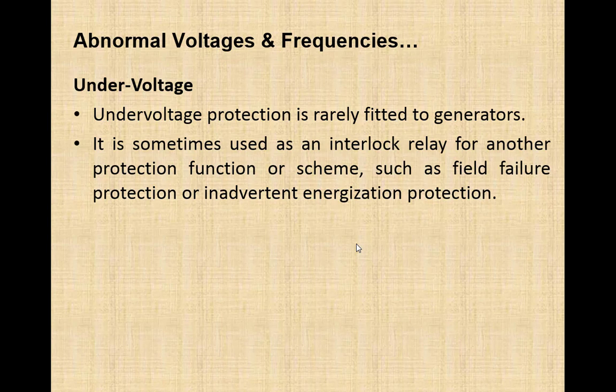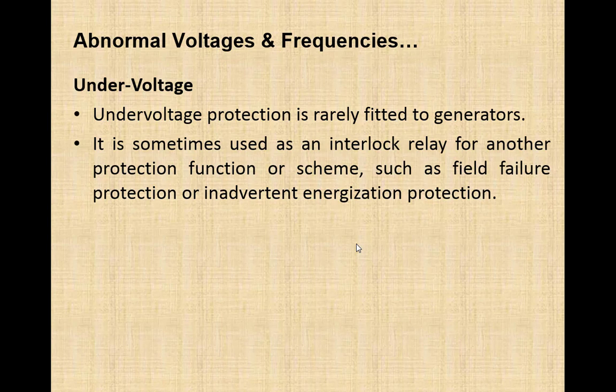For example, if we want to sync a generator with the bus bar, then we use this under voltage relay to make sure that the voltage is above the set level before synchronizing it with bus bar. If voltage will be less than that value, under voltage relay is going to trip.